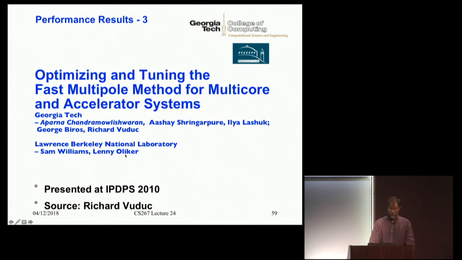This was interesting work, not only because of the exploration they did comparing GPUs and multi-core machines, but they also used the kernel-independent fast multipole method that I mentioned before. This is the one that works for arbitrary potentials, not just inverse square laws.